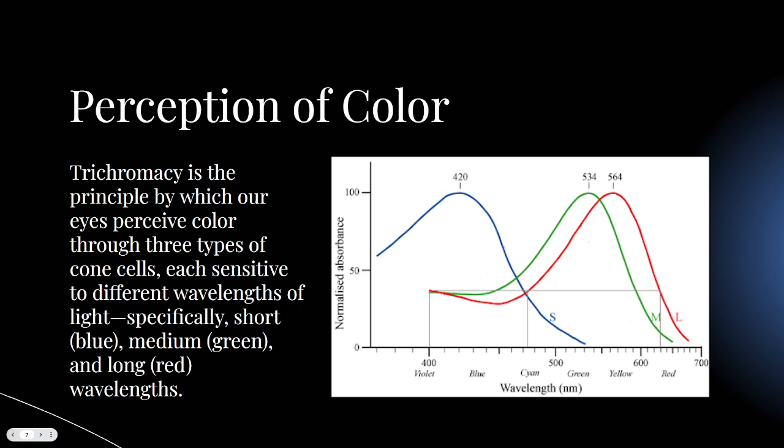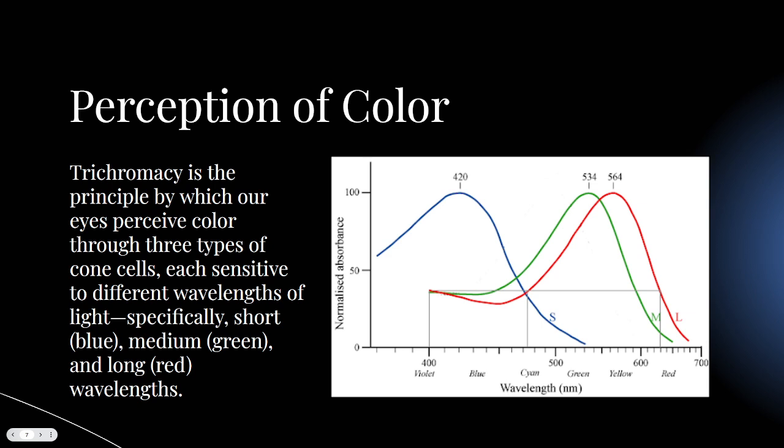This arrangement allows us to detect a wide spectrum of colors by combining these 3 primary colors of light through a process called additive color mixing, which we mentioned before. When lights of different colors stimulate these cones, the brain interprets the signal, allowing us to perceive a multitude of colors that are available to us in the visible spectrum. This is fundamental in understanding how color shadows are formed, as different lights combine resulting in various perceived shadow colors and colors in general.